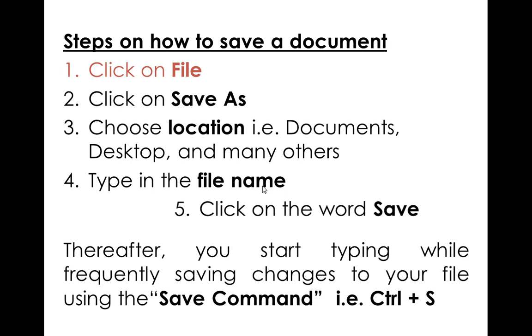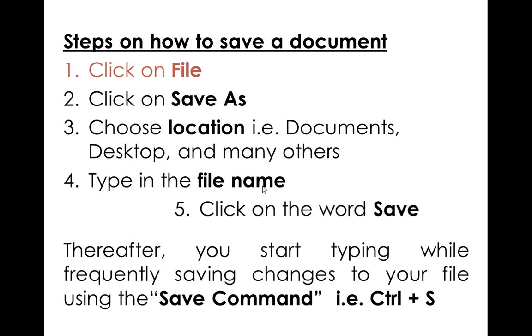And mind you, there are many locations where we can save our files or documents. There is one called Documents, another one can save on desktop, on a flash disk, on a CD, and many others. After choosing a location, you go ahead to type in the file name. The name you feel like giving to your document is what you call a file name. Then after, you click on Save.